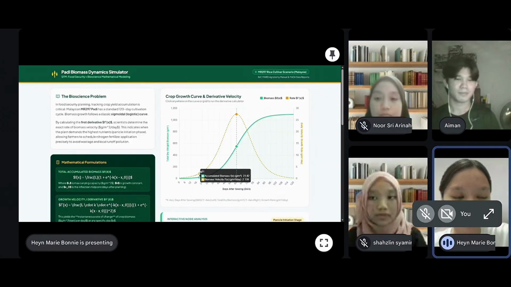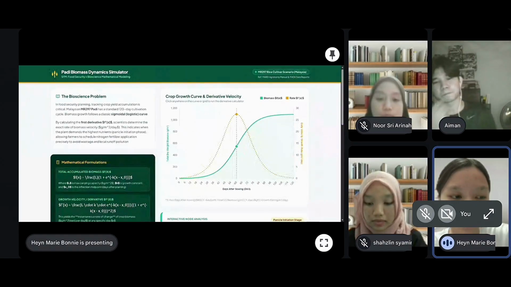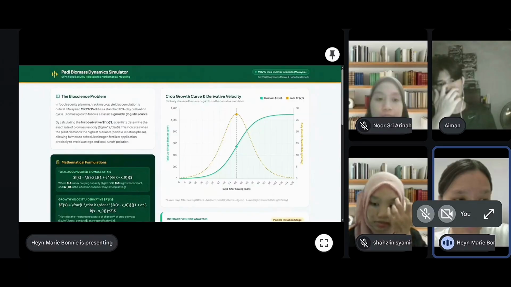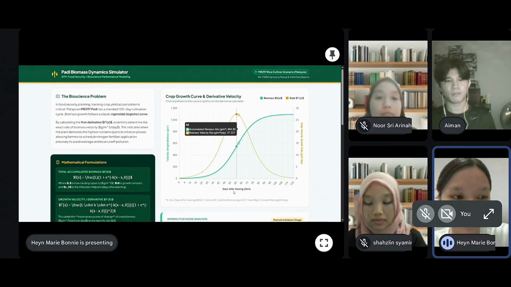The bioscience problem I chose focuses on the food security sector, specifically tracking crop yield accumulation and determining the precise fertilization schedule for Malaysian MR297 paddy. In food security planning, tracking this dynamic is critical to maximizing national rice yields.